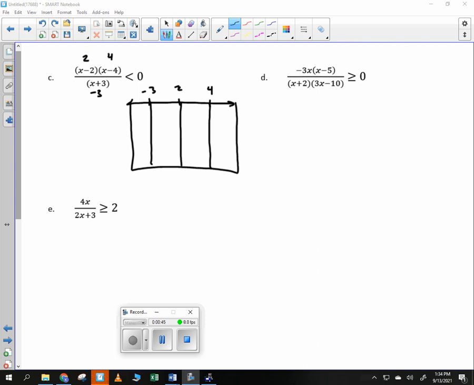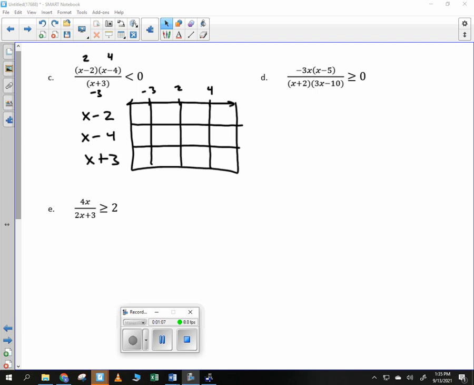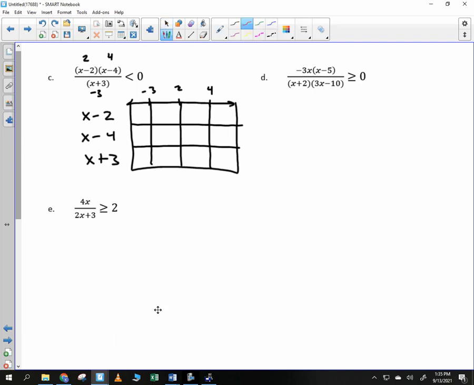However many numbers you have up on top, that's how many rows you are going to have. I put these factors on the side. Again, this table is to organize my work.